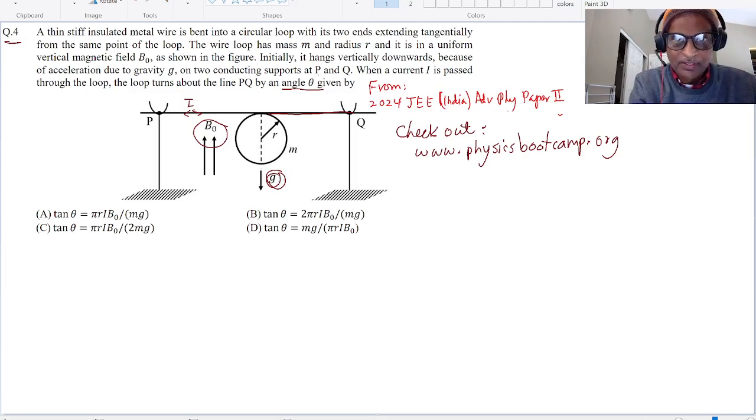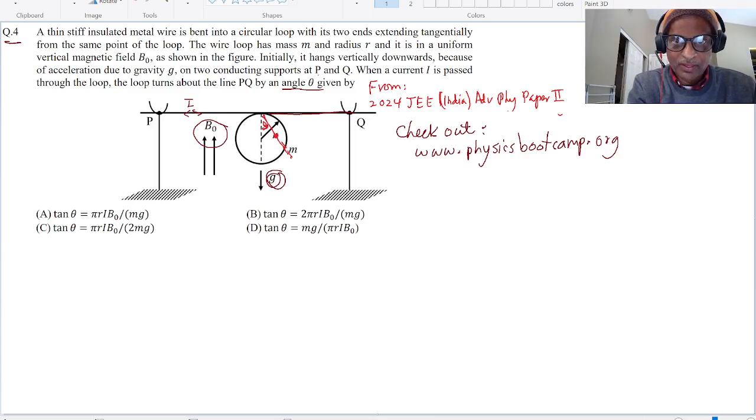For the gravity, say this loop is tilted this way a little bit, so the loop is in that orientation, and this line is behind the screen, at angle theta.